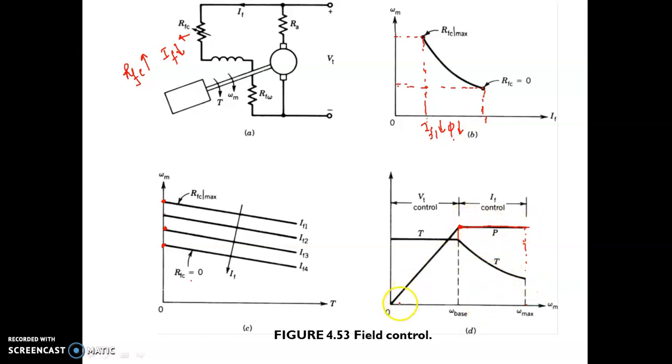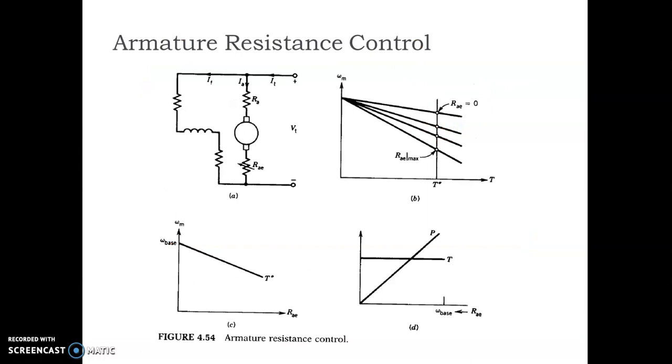From 0 speed to the base speed, by armature terminal control, a straight line equation is obtained, already explained in a previous slide. In this case, torque is kept constant. So this is all about armature control and field control. Armature resistance we will see later.